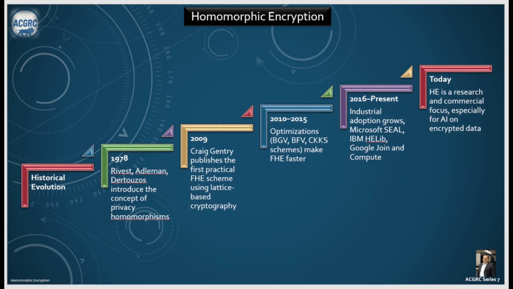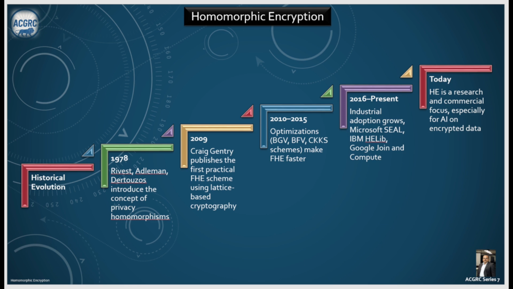Let's take a look at how homomorphic encryption evolved over the period. It started in 1978, when Rivest, Adleman, and Dertouzos introduced the concept of homomorphism. It was only in 2009 that Craig Gentry published the first practical fully homomorphic encryption scheme using lattice-based cryptography.